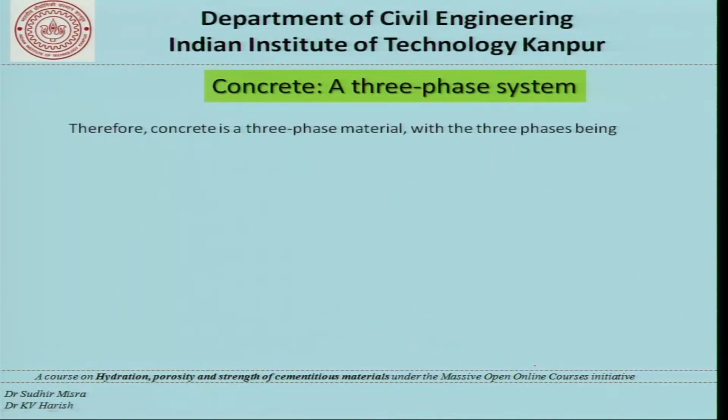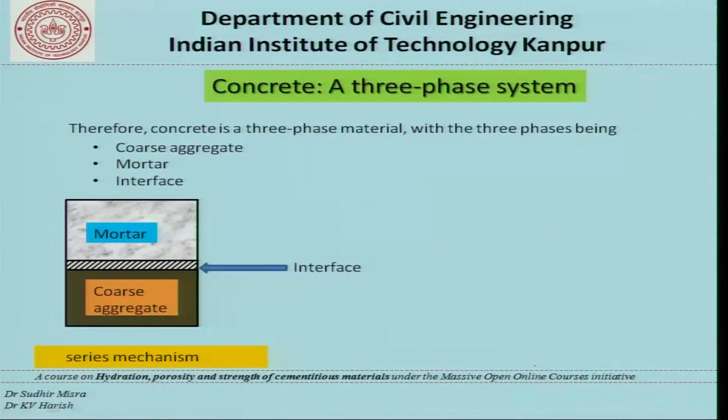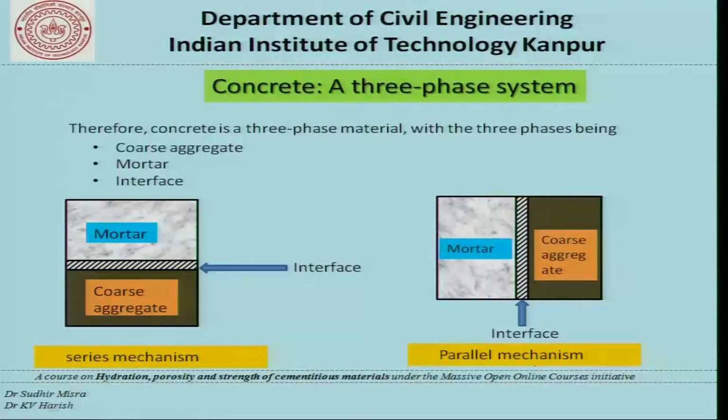Now if we look at concrete as a three-phase system, we have the coarse aggregate, the mortar and the interface. We can also look at it as aggregate, cement paste and the interface. Now when the two phases, which is the mortar and the coarse aggregate, or paste and the aggregate, are held in series, and when they are held in parallel, the importance of this interface is obviously different.